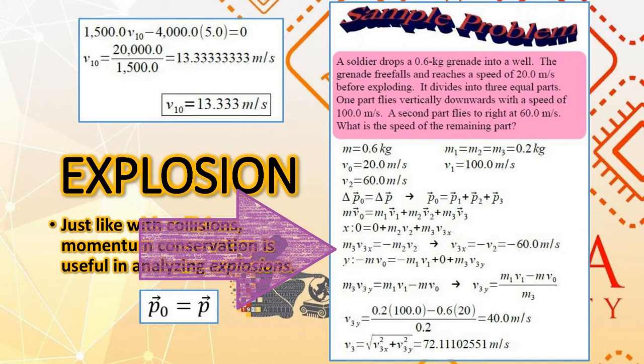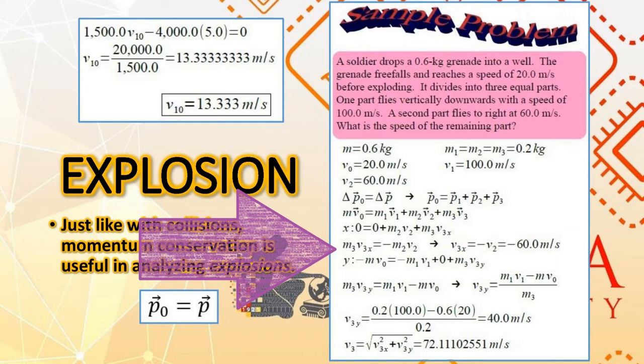Whereas the second part is flying to the right, positive x direction, so plus m2 v2. And then for the third part, we are looking for v3, so we use only a variable for the velocity: m3 v3x, the x component of v3.